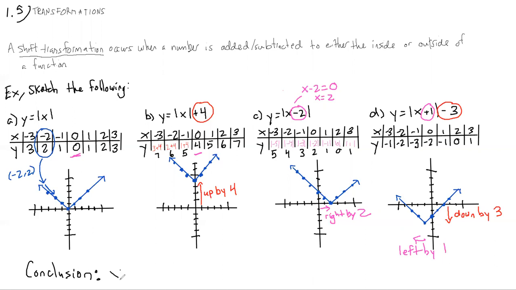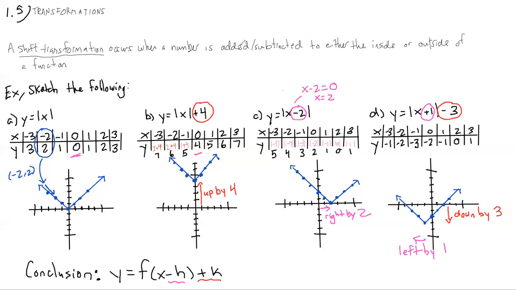So if we have y equals f of x minus h, plus k. Make sure I use the right letters here. What we've got here is that minus h is occurring inside of the function, like the -2 in C or the +1 in D that occurred inside the absolute value. Or that plus k is occurring outside the function, like the +4 or the -3.